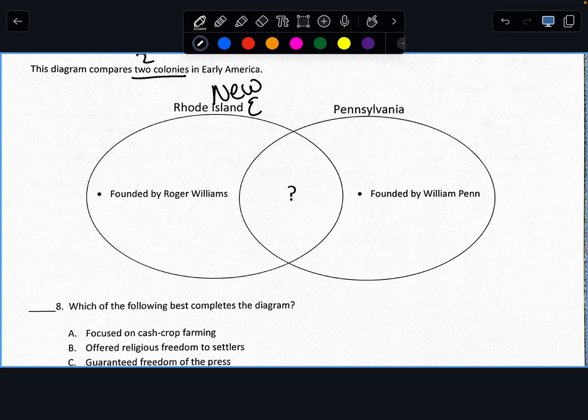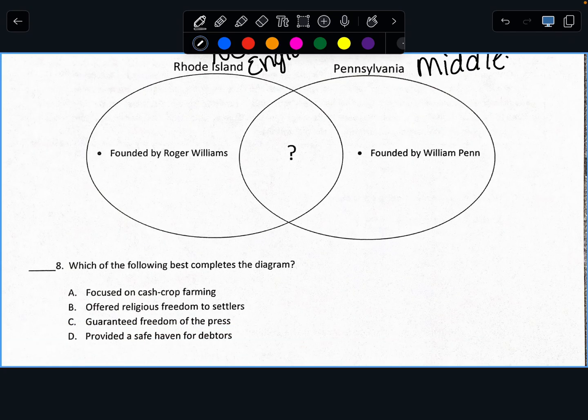Where's Pennsylvania? Middle. Okay. Which of the following best completes the diagram? Okay, answer number 8. When you're done with number 8, highlight your name, quickly turn it into the tray. Quietly turn it into the tray.